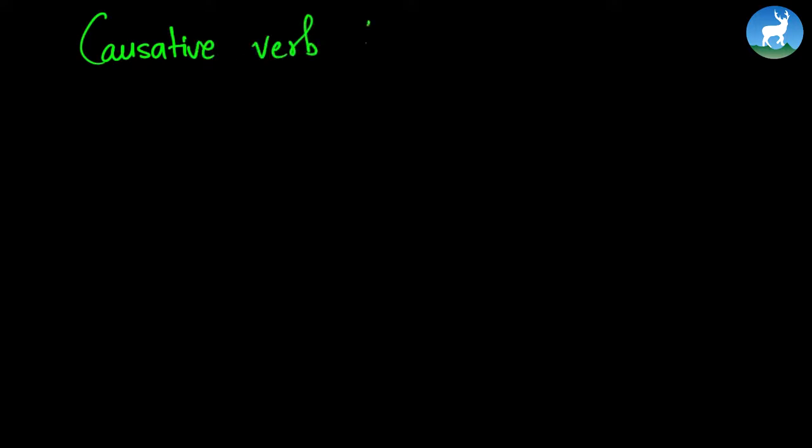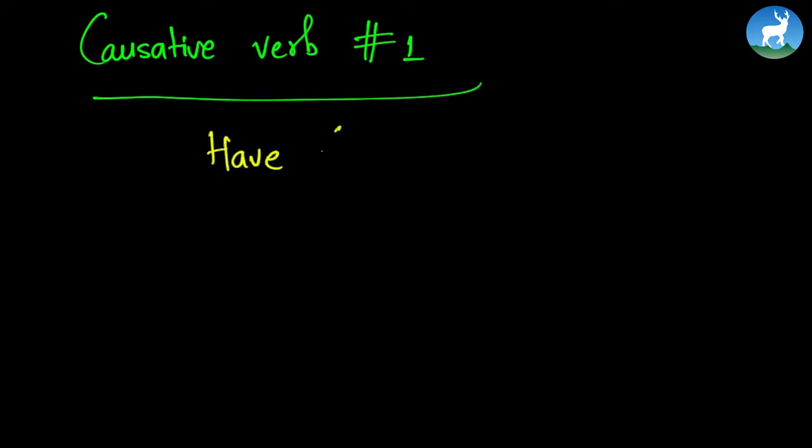Causative verb number 1. And what's the number 1 causative verb? It is have or get something done. This means that someone does something for you because you pay or ask them to do it, but you don't say who this person is.